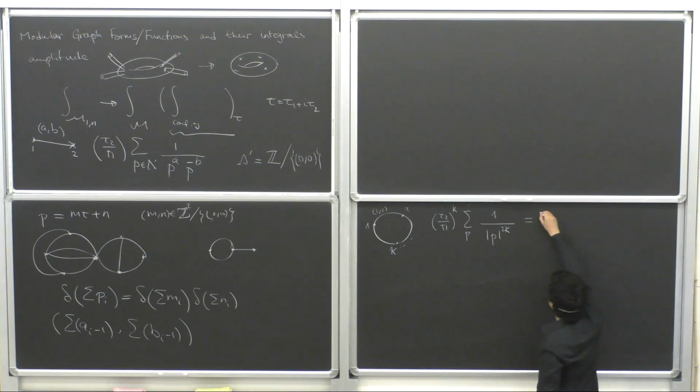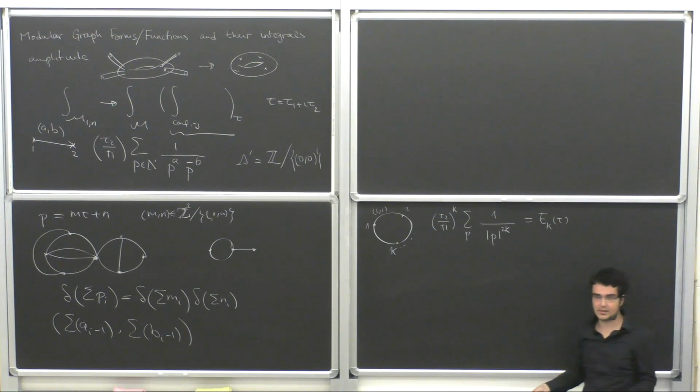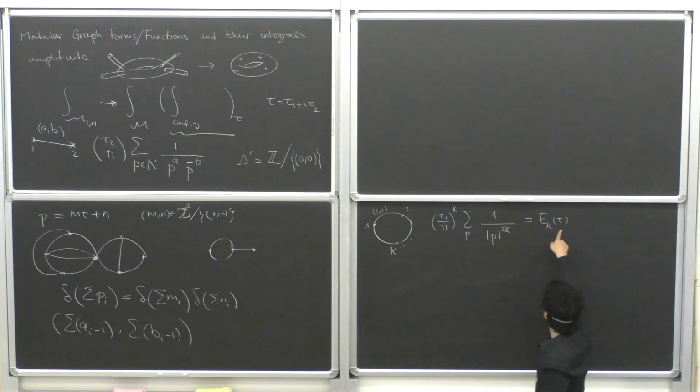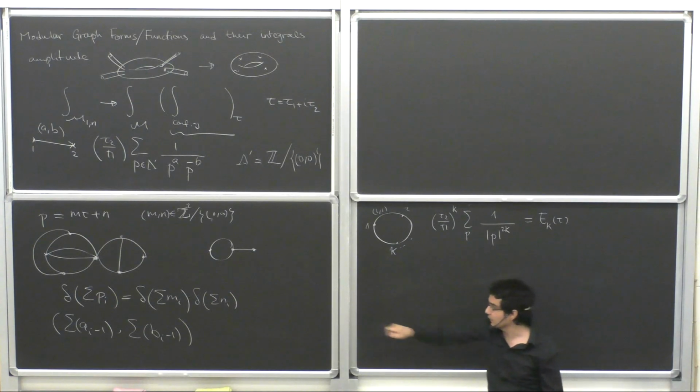And this is the non-holomorphic Eisenstein series. So non-holomorphic Eisenstein series are modular graph functions. In this case, they are modular invariant because of the weights written there.